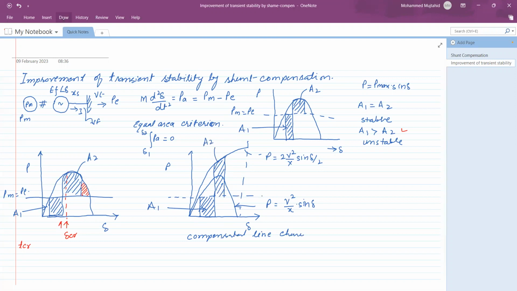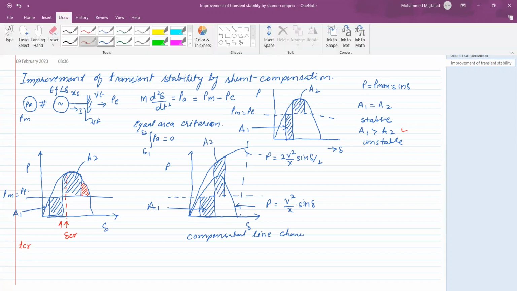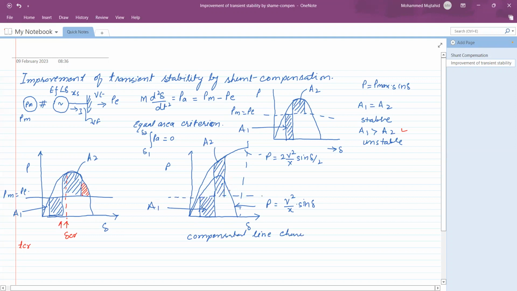We find here it is quite clear that this much area is available, even if the circuit breaker opens later, or the system may operate to a higher angle and transmit more power. So these are the marginal areas to improve the transient stability.